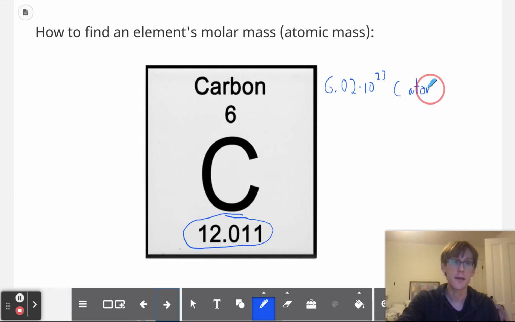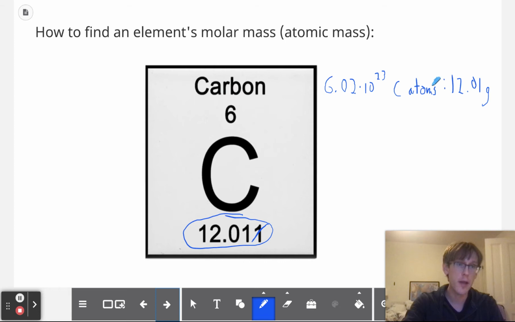So 6.02 times 10 to the 23rd power carbon atoms, the mass of this is 12.011 grams. And actually, we're going to round all of our molar masses to the hundredths place. So I'm just going to drop off this last digit, and we'll just use the periodic table to find the atomic mass to the hundredths place.